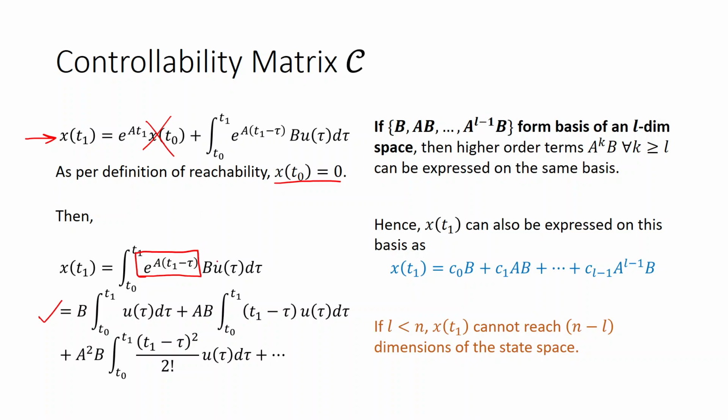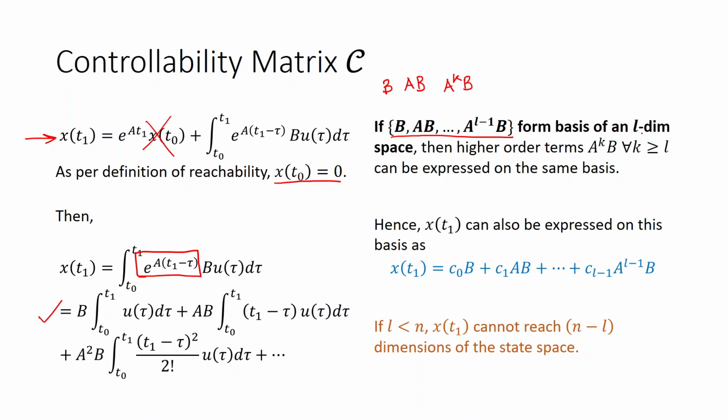Now consider this. B is a vector, AB is also a vector, and any A to the power of k B is also a vector. So if this set of vectors forms a basis, we have taken up to A to the power of L minus 1 B. How many vectors are there? L number of vectors are there. So they can form a basis of an L dimensional space.